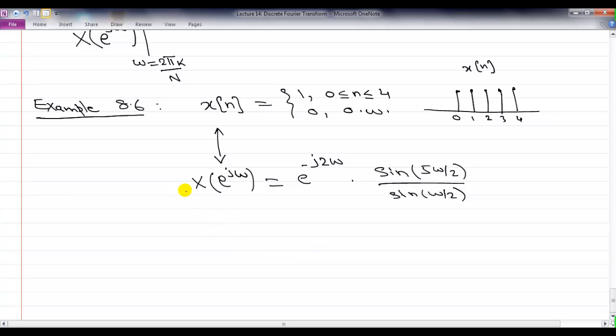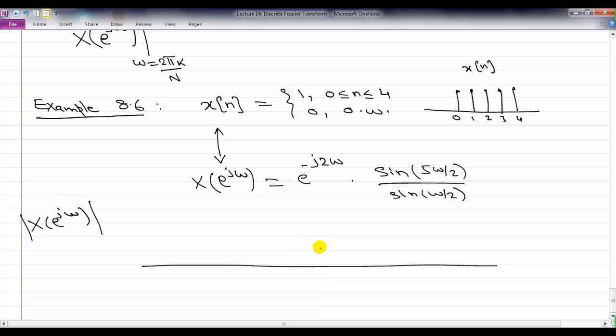And if I were to plot its magnitude, let's plot its X of e to the j omega. The magnitude of that between minus pi and pi looks very similar to the sinc function. Okay. It's sine over sine, not sinc, because the discrete time Fourier transform has to be periodic.